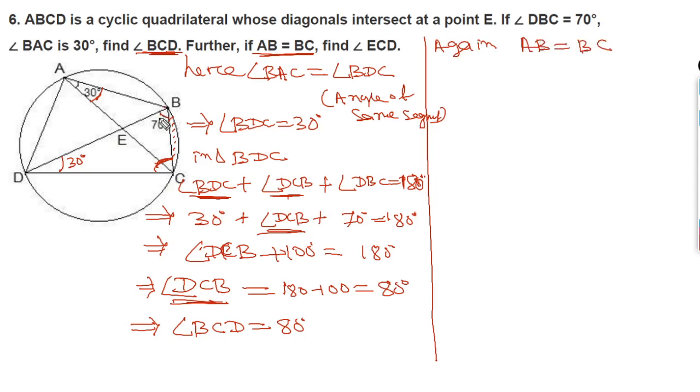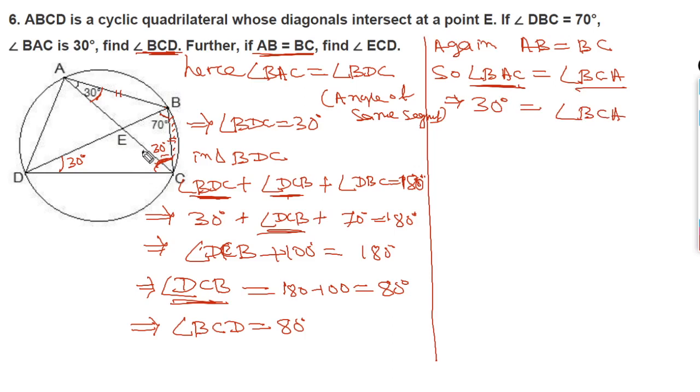Now in triangle ABC, if AB is equal to BC, therefore their opposite angles must be equal. So angle BAC is equal to angle BCA. Angle BAC is 30 degrees, so angle BCA is 30 degrees.